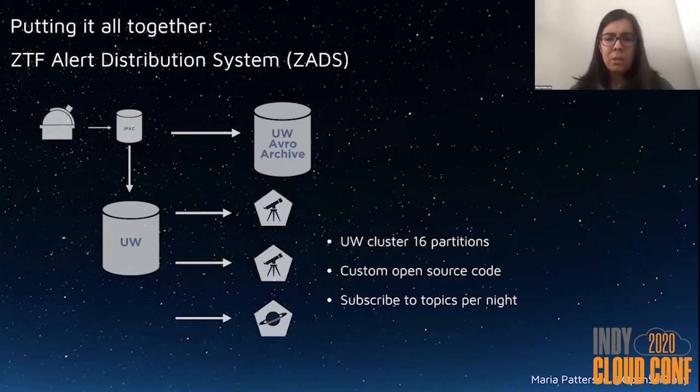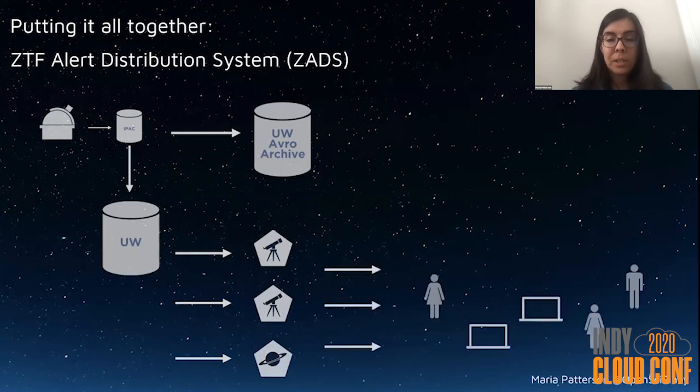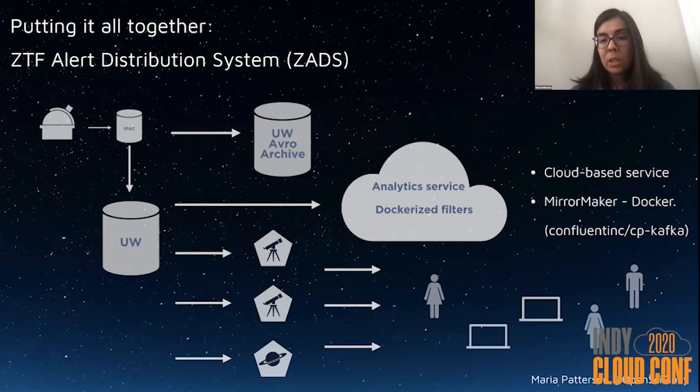And then at UW, we also have clusters that are running this open source code that we wrote that subscribes to each of the topics and then basically sends it out to different folks of interest who are running their own analytics and supplementing that data and adding to it, streaming out to the scientists there.